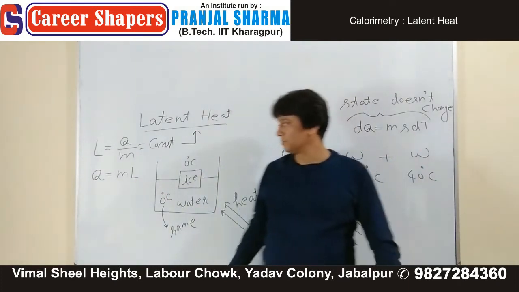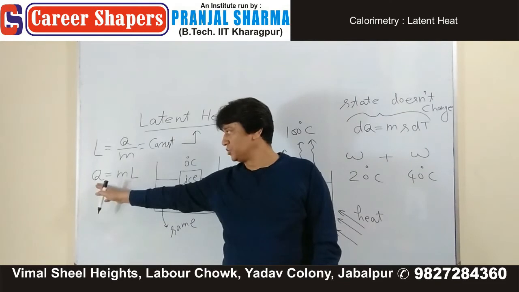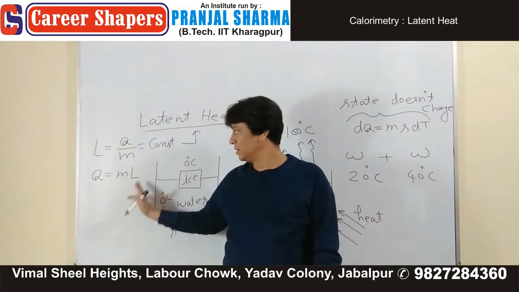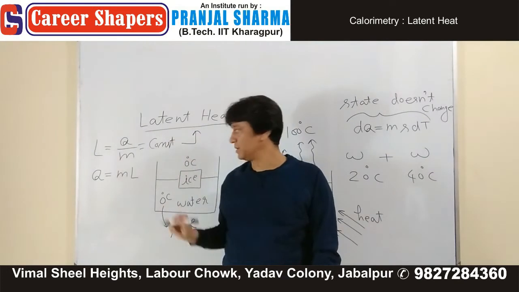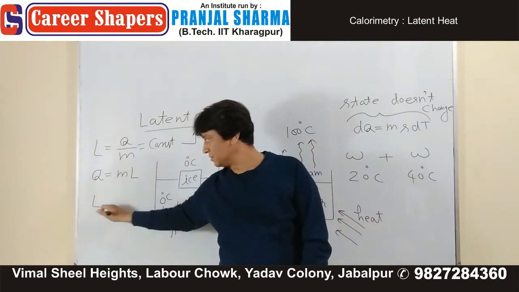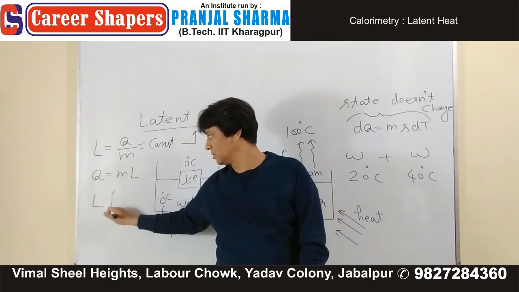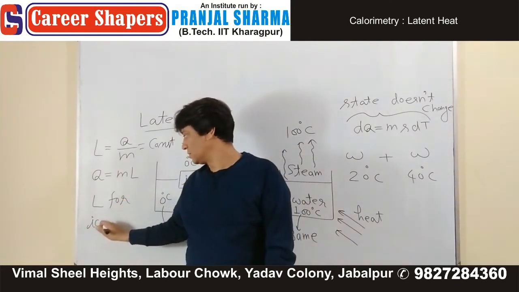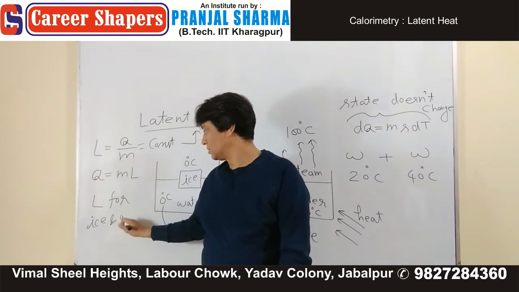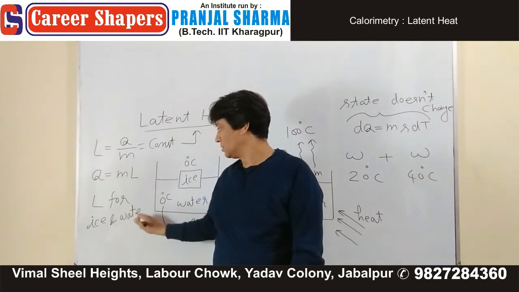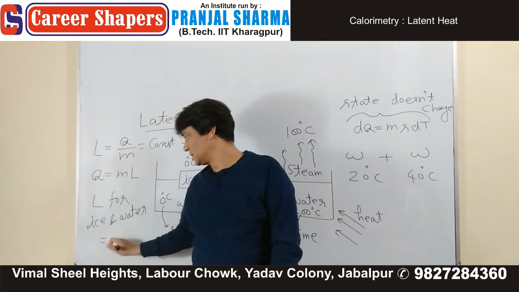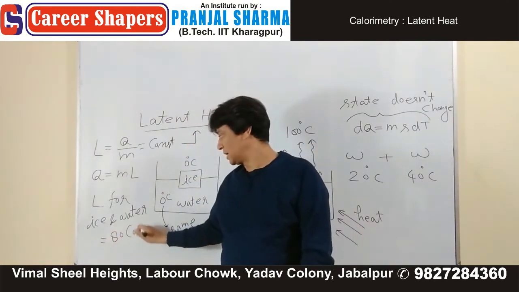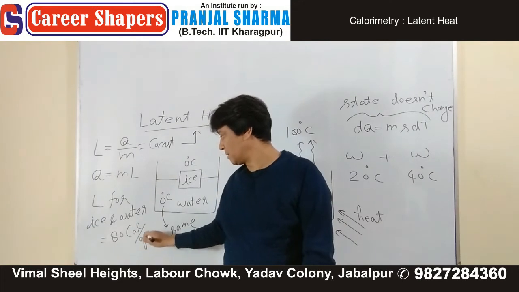So all the energy is melting mass m, multiplied by L, which is called latent heat. This latent heat for ice and water is 80 calories per gram.